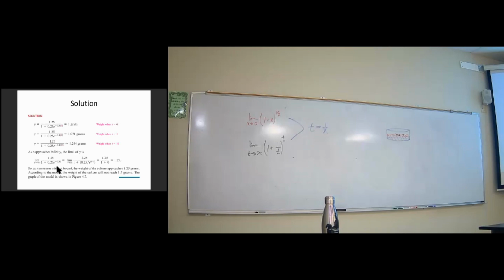Because it's a positive number greater than 1 raised to a negative power. You're letting that power grow to infinity. So this is going to go to 0 times 0.25. Well, that's still 0. Plus 1, well, that's going to be 1. So 1.25 divided by 1 is going to come out to be 1.25. Make sense?